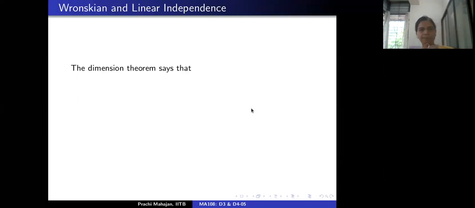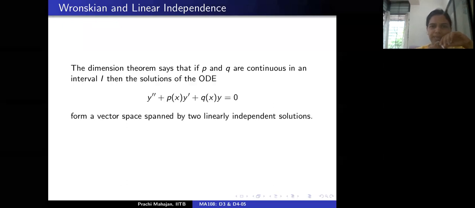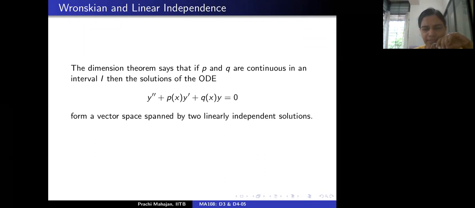Let's recall the dimension theorem says that if P and Q are continuous on an interval I, then the second order linear ordinary differential equation in standard format, d²y/dx² plus p(x) dy/dx plus q(x) y equals 0, has solutions that form a vector space of dimension 2. So there must be two linearly independent solutions of this differential equation.